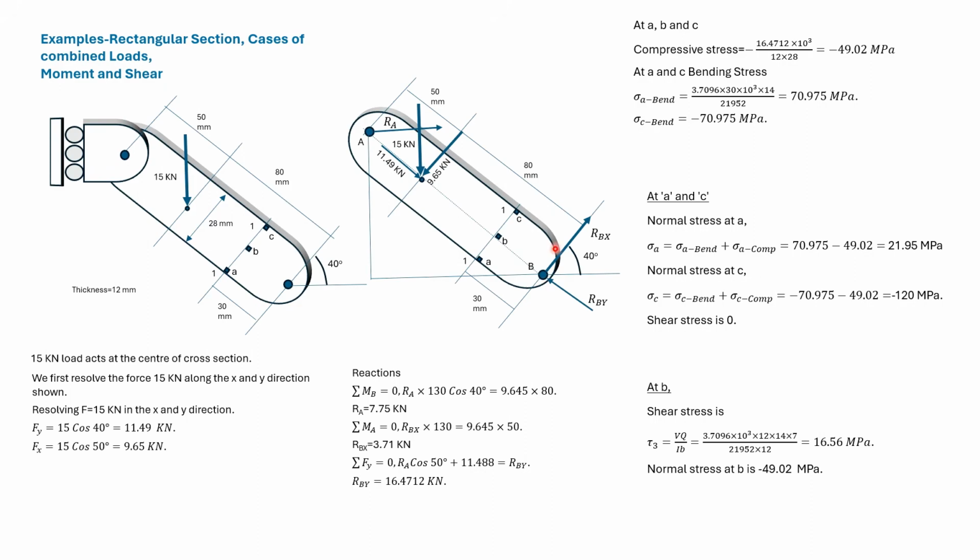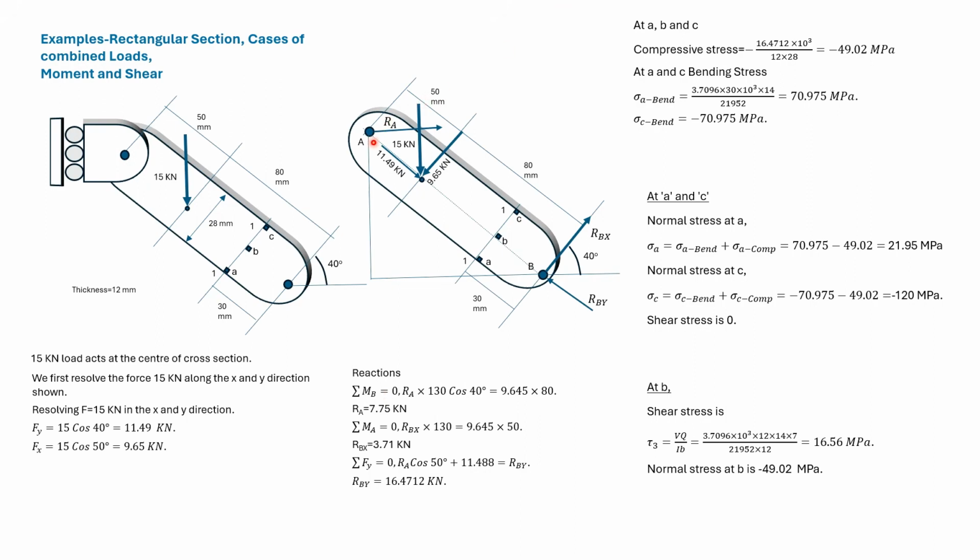To start with, we take moment about B. Then this force and RA will cause moment about B. So this force multiplied by its distance will be equal to RA into this vertical distance. So we get RA.